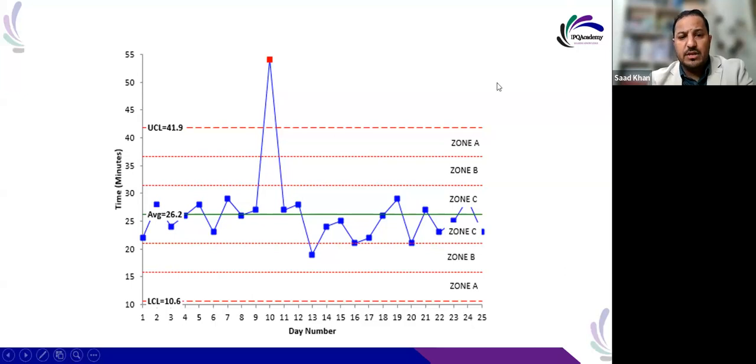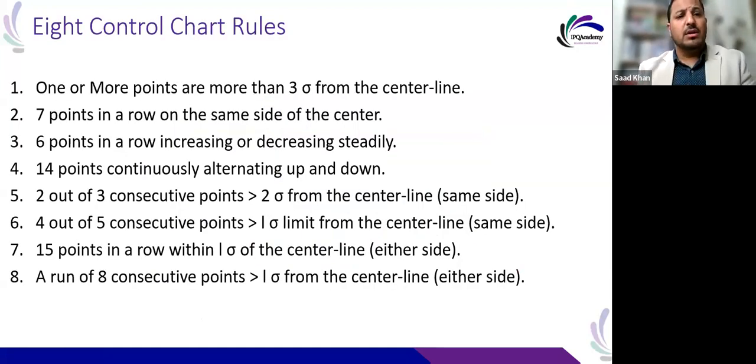And then you can see different data points around zone A and zone B, the 1 sigma and 2 sigma zones. Now, how to interpret this chart? You know how to draw this chart. The rule is the same. You label this chart, you collect the data points, you connect the dots, and you get this chart. Now, what are the rules?